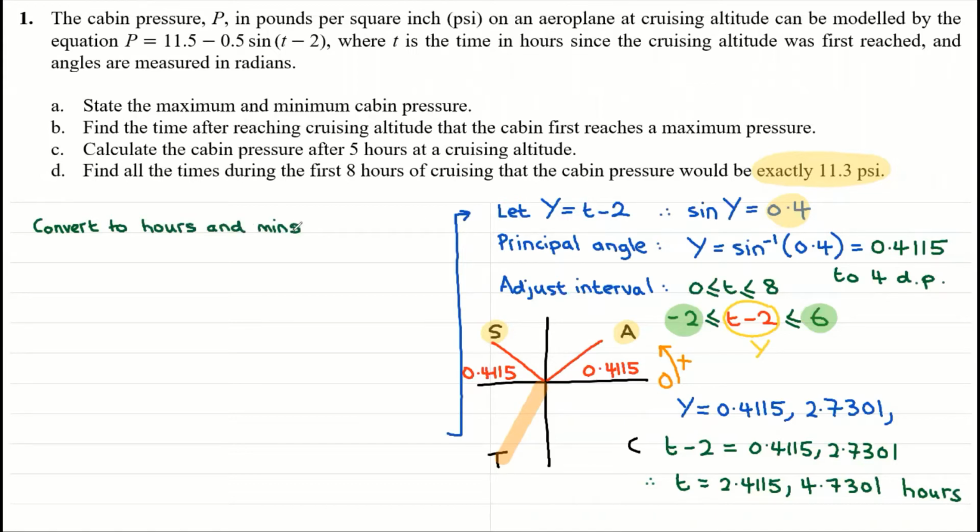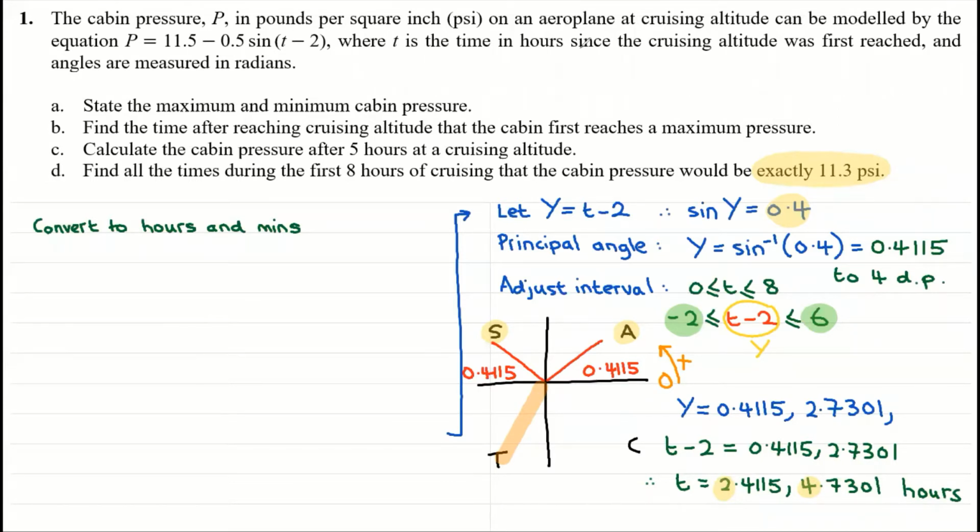Okay, now then, in order to do that, you just have to worry about the decimal parts and multiply that by 60. Essentially, we can keep the hours part as they are. I mean, we can see clearly that we've got 2 hours and 4 hours here. It's just what about the decimal part? So we'll do those as separate little calculations.